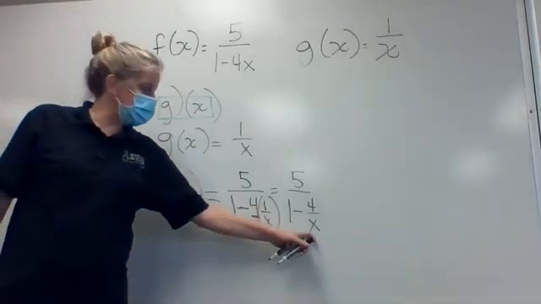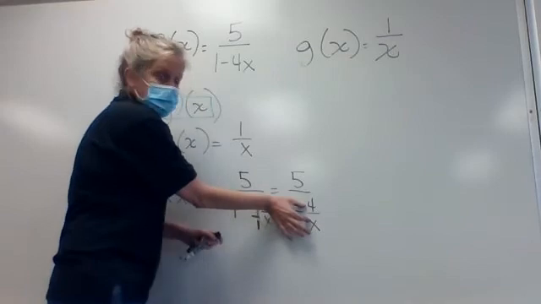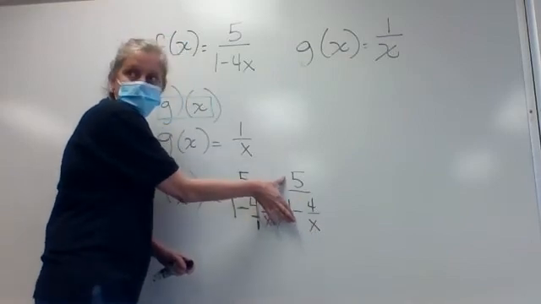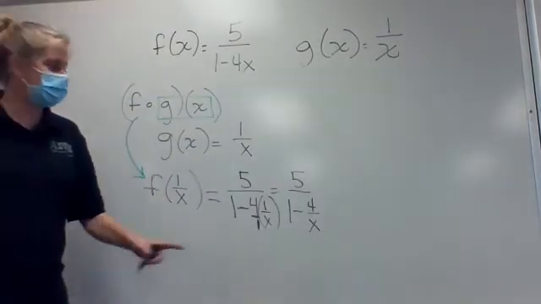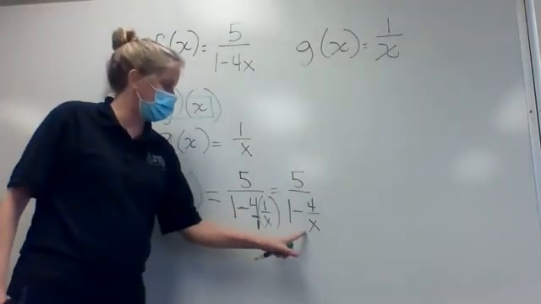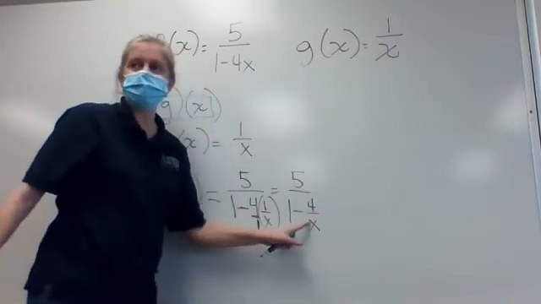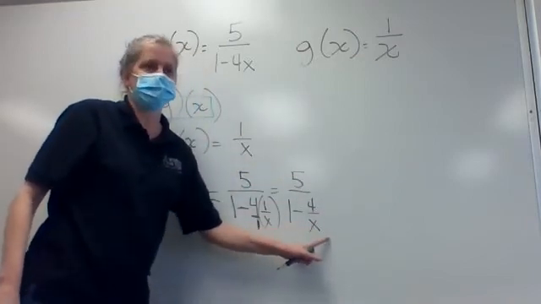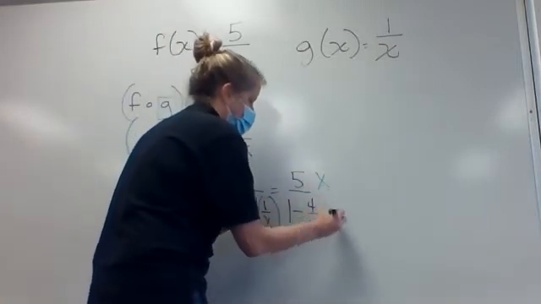So the reason it's too complicated is because you have a fraction within your fraction. Okay, so the way you fix that is you go to the fraction that's within the fraction, and you're going to multiply the top and the bottom of the whole fraction by whatever this is. So I'm multiplying the top and the bottom by x.